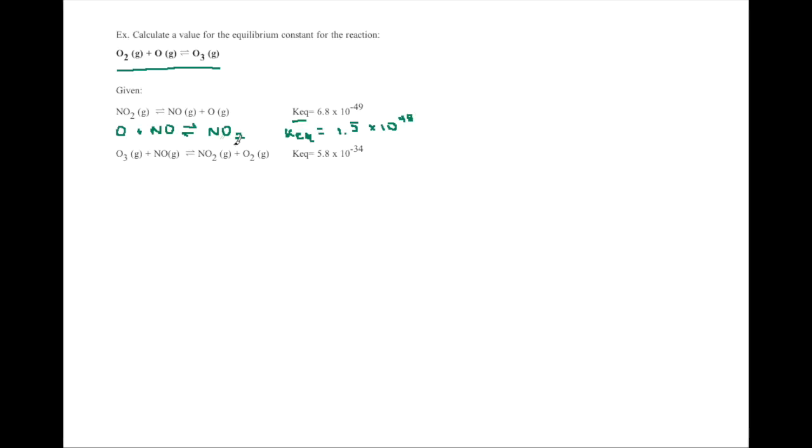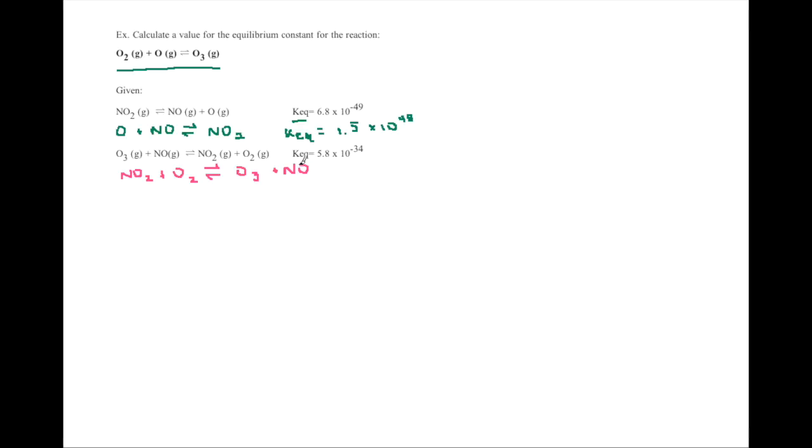Okay. Now, if you look here, I want O3 on my product side, so I'm going to also have to flip this reaction. So I'm going to do NO2 reacts with oxygen, and it forms O3 and NO. All right, so since I flipped this reaction, what that tells me is that I also need to flip my equilibrium constant by finding the reciprocal of it.